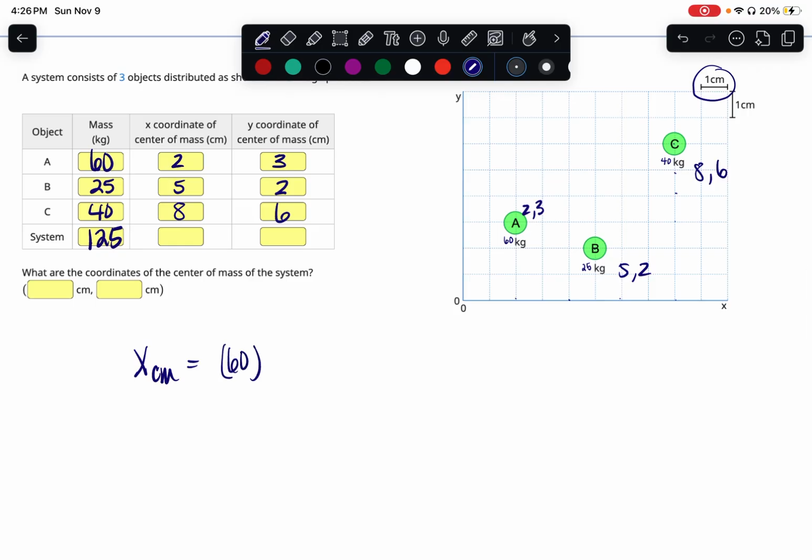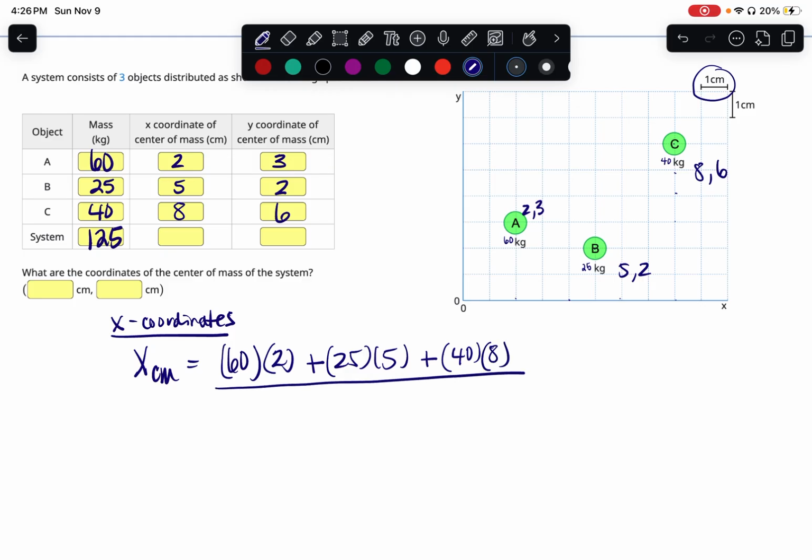So 60, and I'm using its x position, 60 times 2 plus the second object, which is going to be 25 times 5, plus the third object in this one, which is going to be 40 times 8. I'm going to divide that by the total mass of the system, which is going to be 60 plus 25 plus 40, which I already figured out was 125.